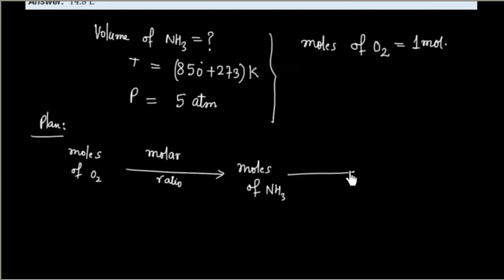And once I know the moles of ammonia, we can use PV equals nRT, the ideal gas equation, to calculate the volume of ammonia. This should basically be the procedure for this question.